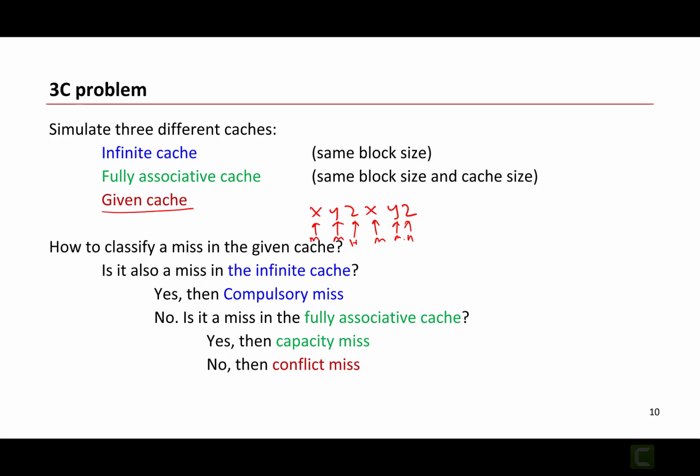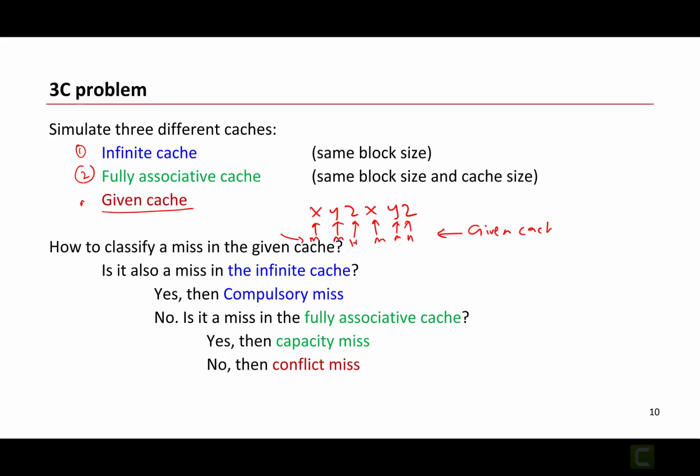To understand what type of misses you are incurring, you need to simulate not only the given cache to figure out what these hits and misses are, but you also need to simulate 2 more caches, an infinite cache and a fully associative cache. Let's see how to use those 2 caches to classify the misses that you observe in the given cache.